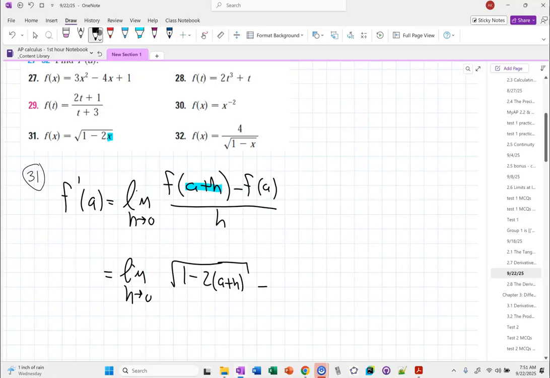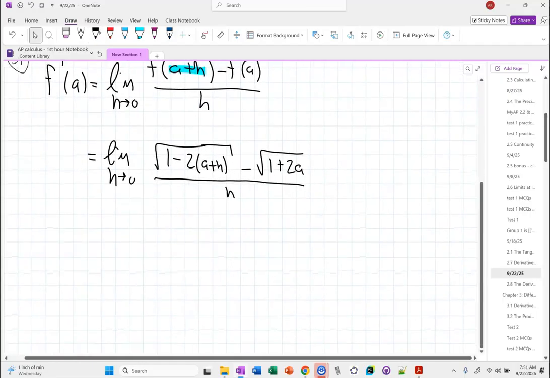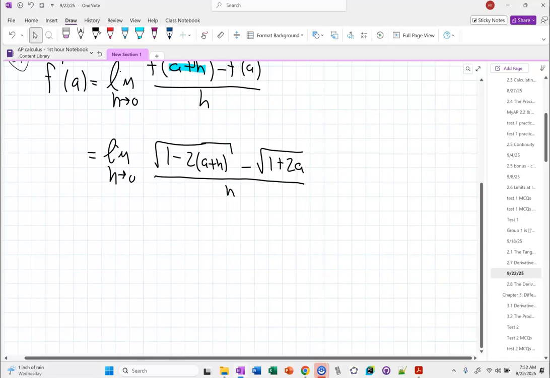And then same idea with the a. So far, so good.